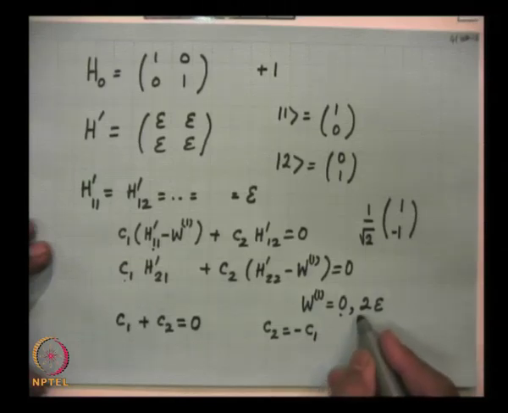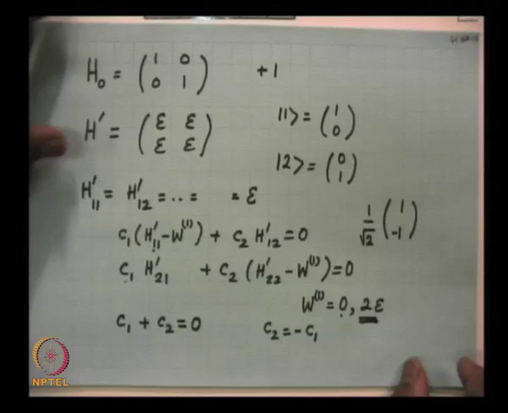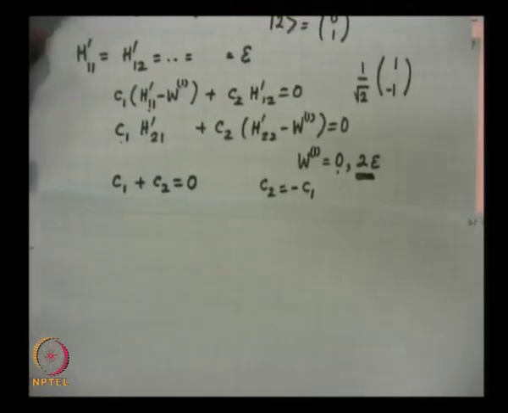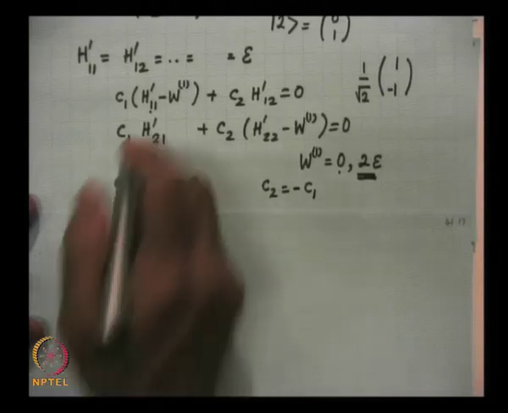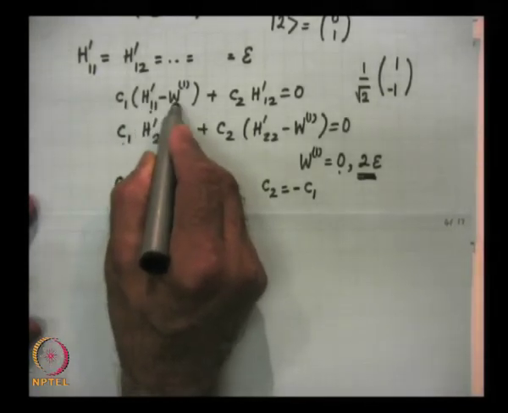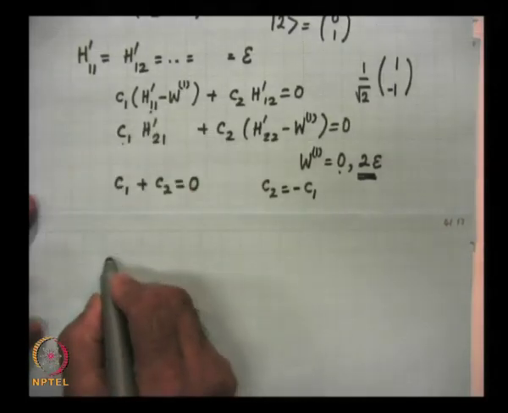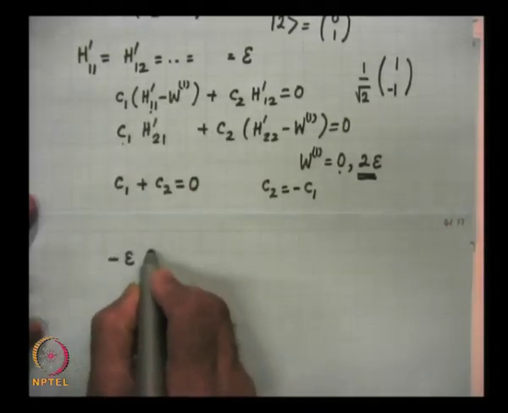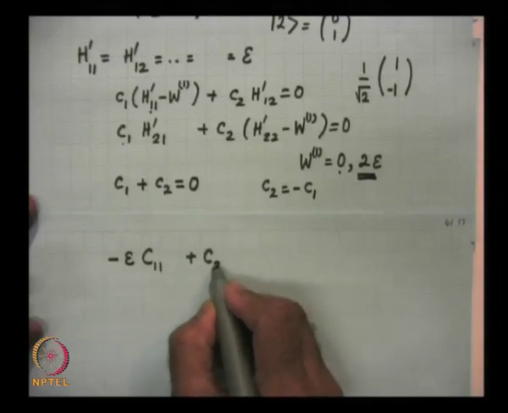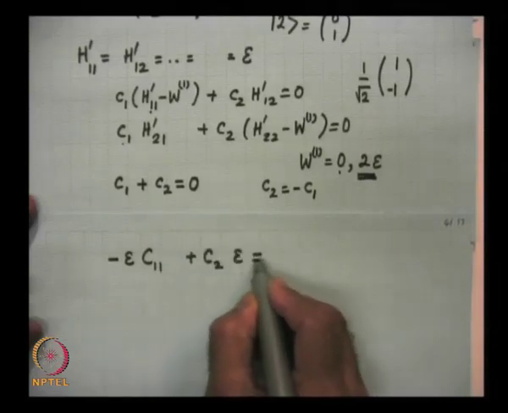Now, we take 2 epsilon, W 1 is equal to 2 epsilon. So, H prime 1 1 is epsilon, epsilon minus 2 epsilon is minus epsilon. So, minus epsilon C 1 plus C 2 epsilon is equal to 0.